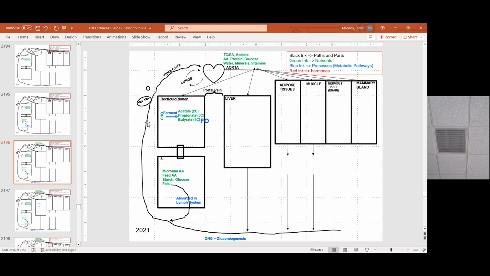We're going to have TG, which is triglycerides. We've got fatty acids floating around in the blood. So those represent the fats.